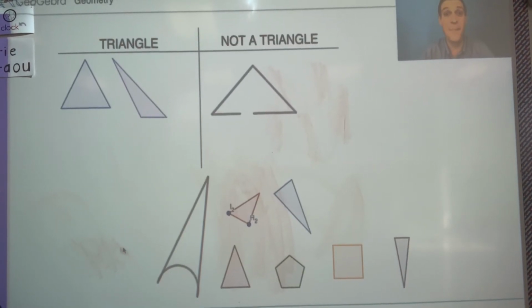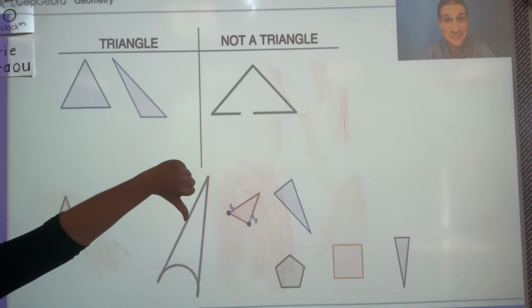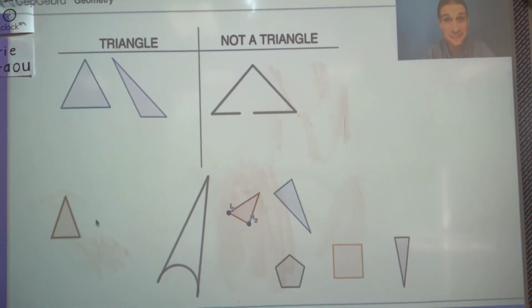Let's look at some more shapes. How about this one? Look at this brown shape. Tell me, is this a triangle? Give him a thumbs up or a thumbs down. Is this a triangle? All right, I see lots of thumbs up. Let's see.